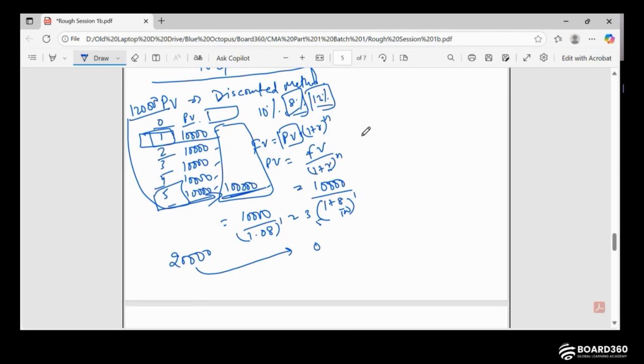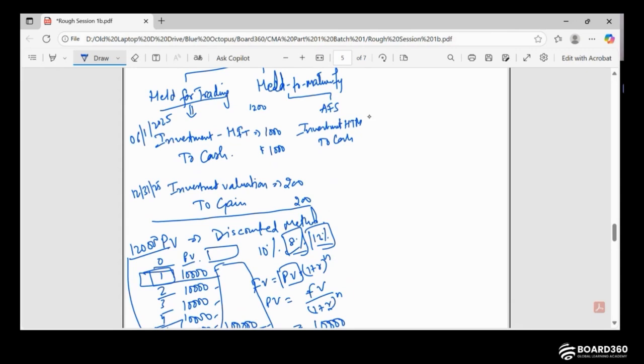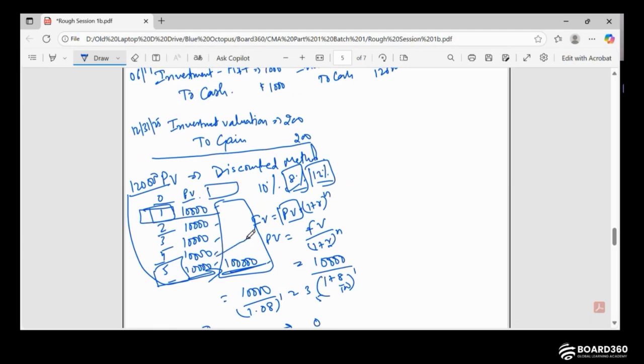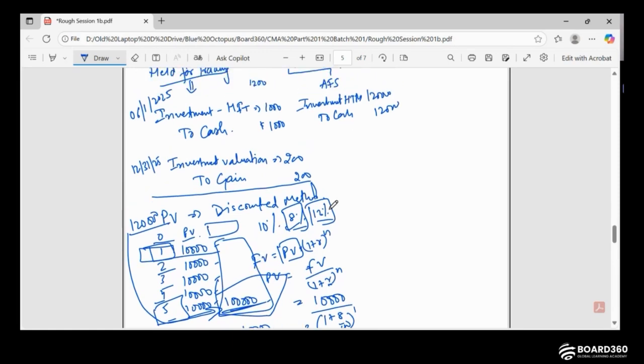Because here, if you see, we are showing that we will receive $120,000, right? But in actual, we will be receiving only $100,000 plus these 10,000s, right? So we need to amortize this 20,000 every year by creating amortization expense for the premium.